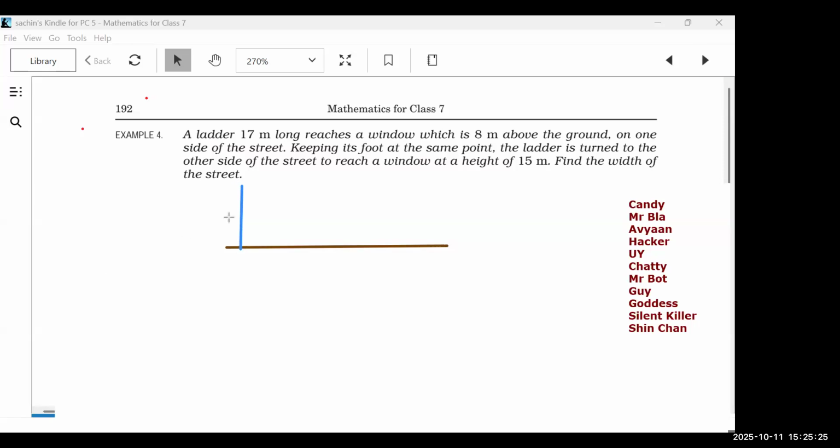Yes, I knew. So the ladder is 17 meters and it's 8 meters high. On the opposite side, it's Arav's one more friend's house. So the window is at 15 meters there.